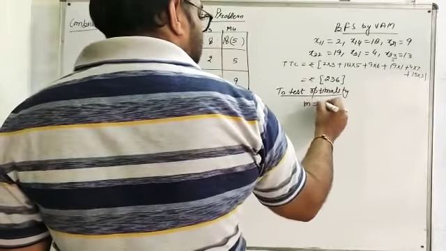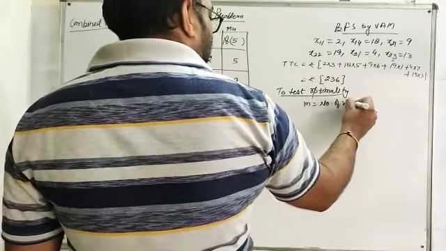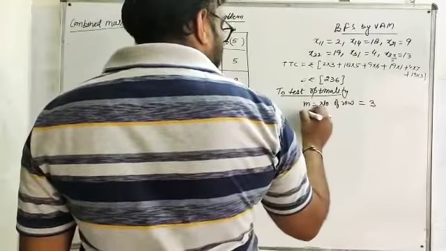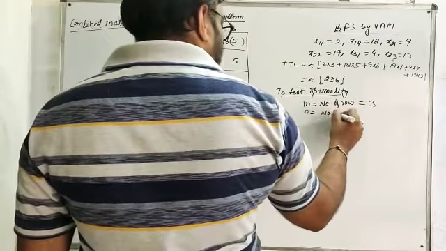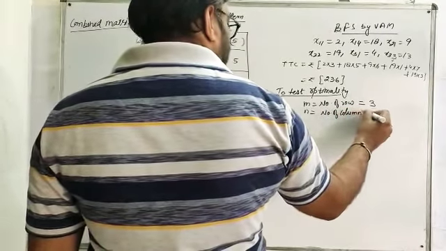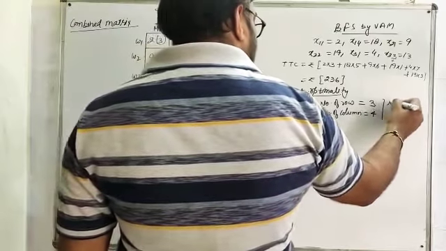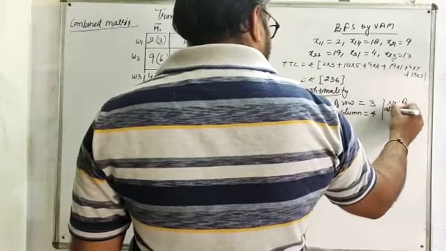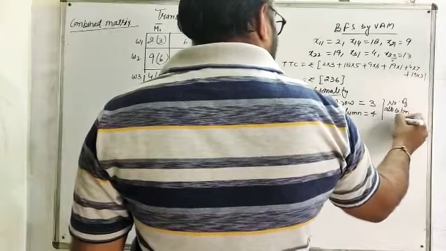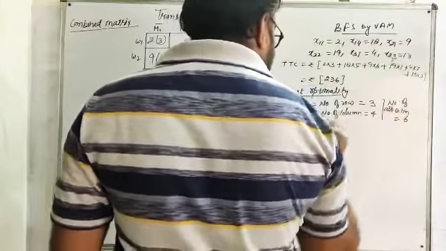So m equals the number of rows, which is 3, n equals the number of columns, which is 4, and the number of allocations r equals 6.